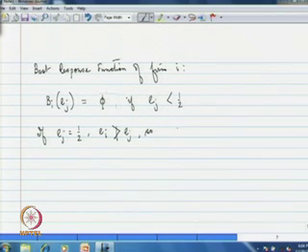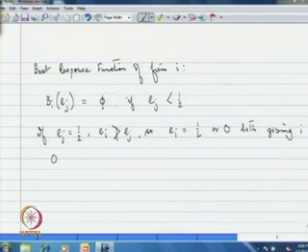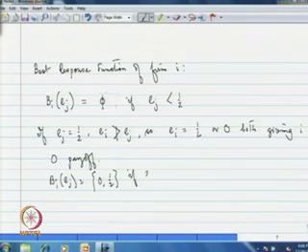So, in this case E i can be equal to half or 0, both giving I 0 payoff. So, in this case what we are having is this. So, this is the case. These are the best response functions.